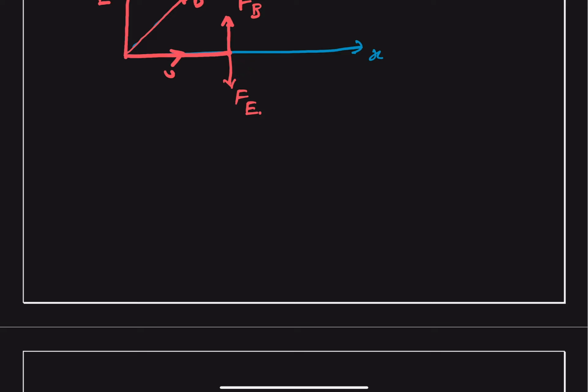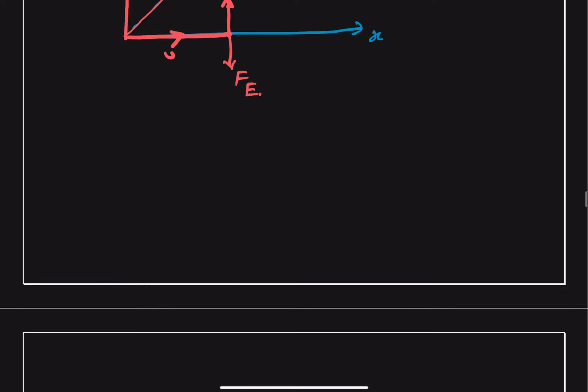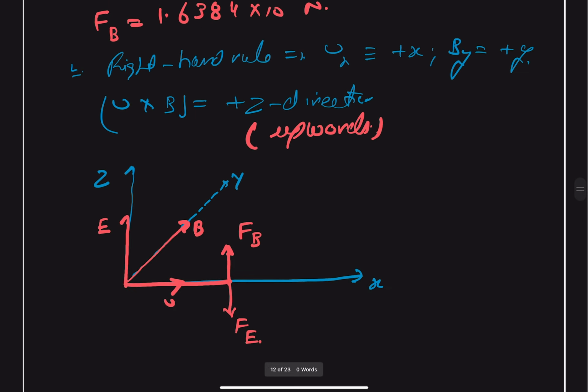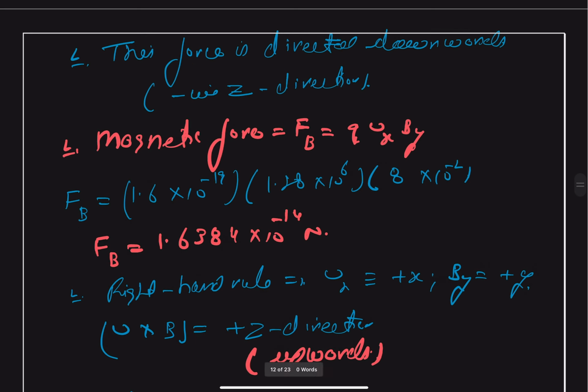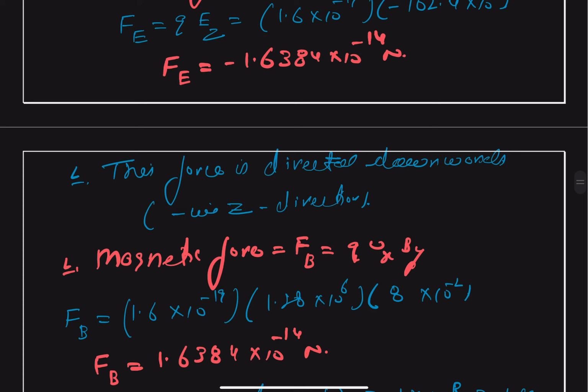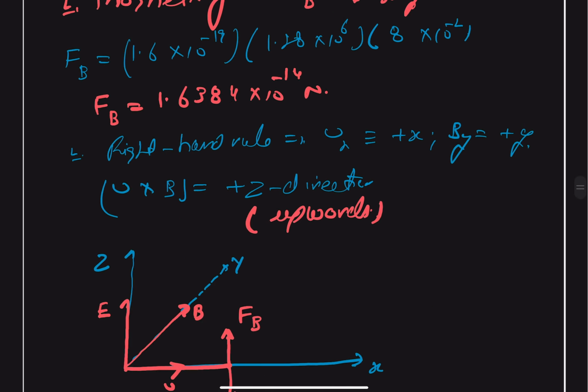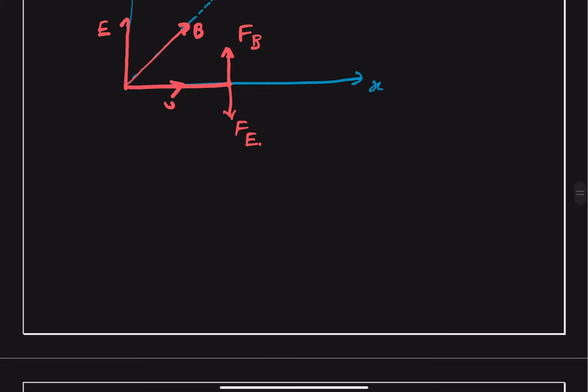Let us find out what will be the net force. Obviously, the magnitude in both cases is the same. It is 1.6 with a negative sign, and here we have it with a positive sign. So net force will be 0, so it will be traveling in a straight line.